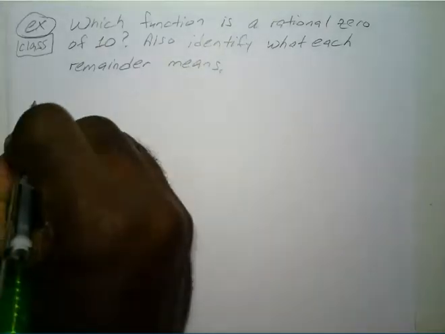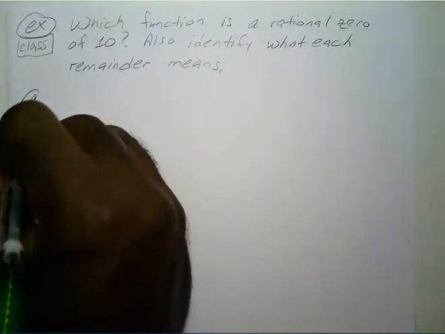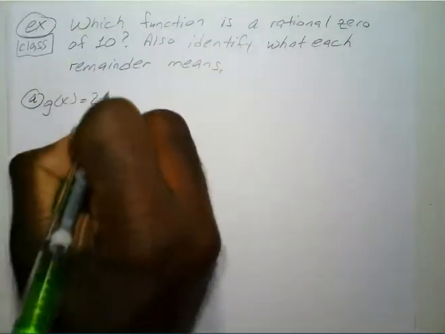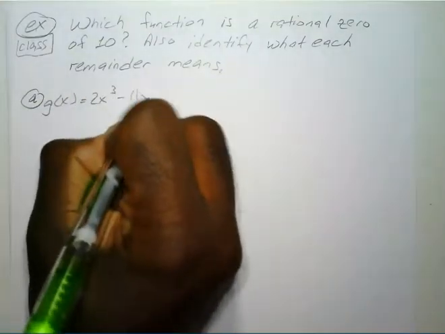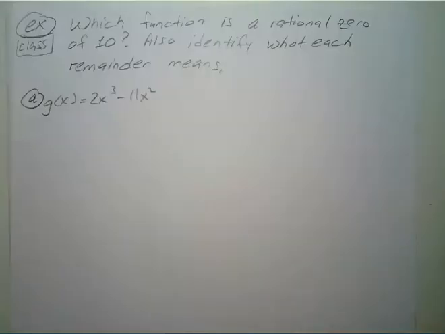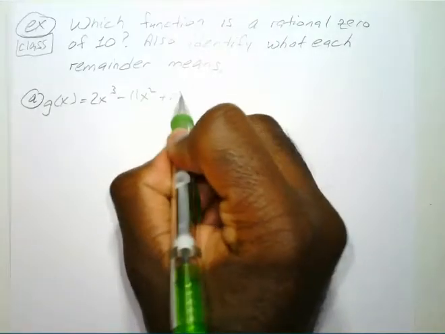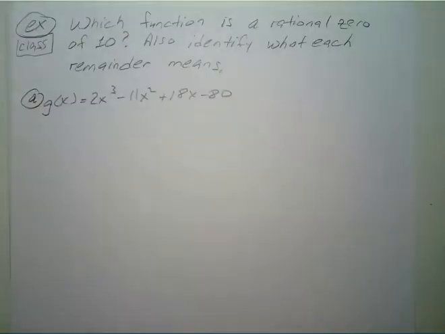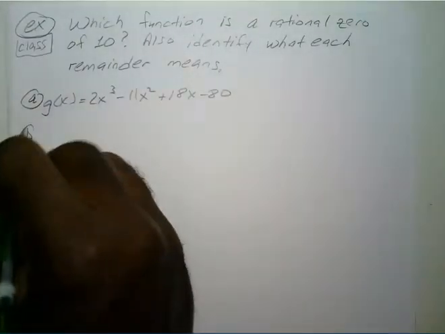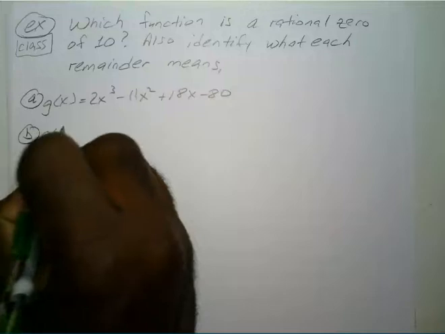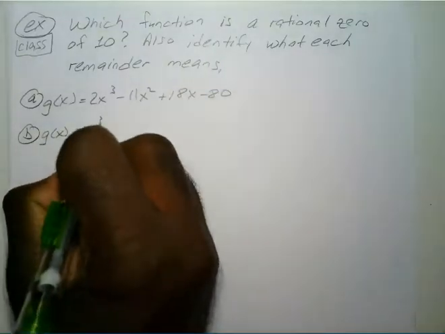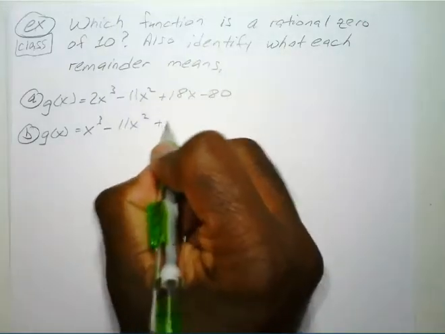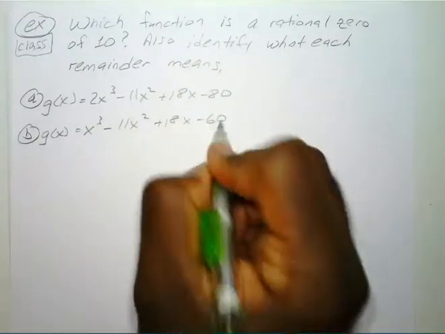Okay. So for A, let's say g of x is equal to 2x to the third minus 11x squared plus 18x minus 80. Let's say for B, your g of x is equal to x to the third power minus 11x squared plus 18x minus 60.